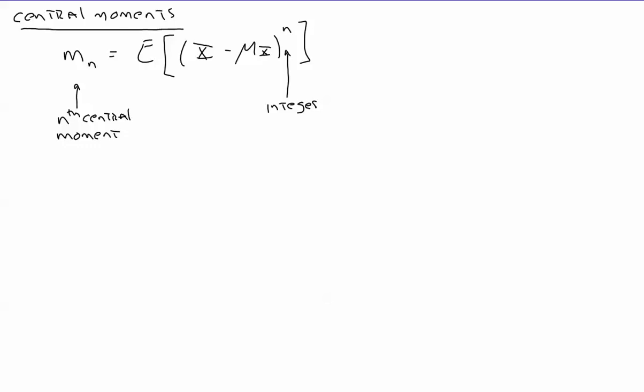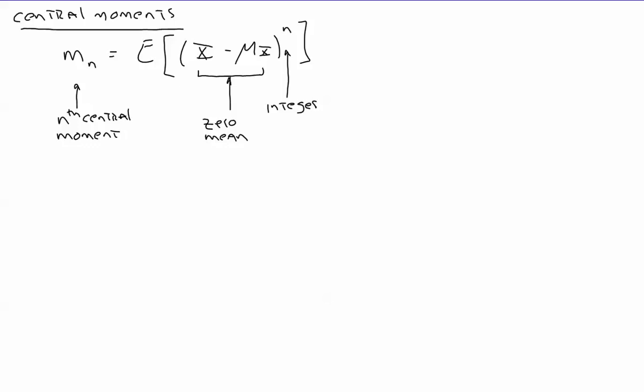And you'll notice that when I subtract the mean from any random variable, I get a new random variable that is zero mean. X itself is not zero mean, but x minus its mean is a new zero mean random variable.